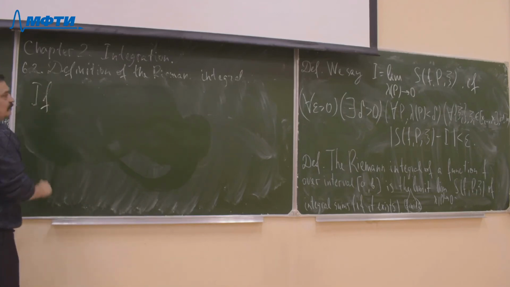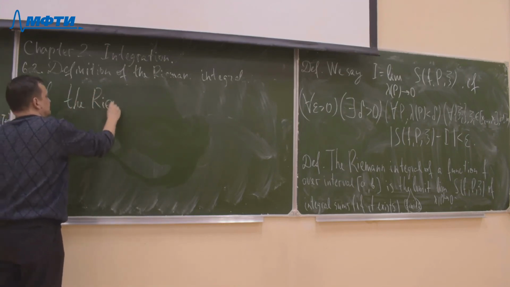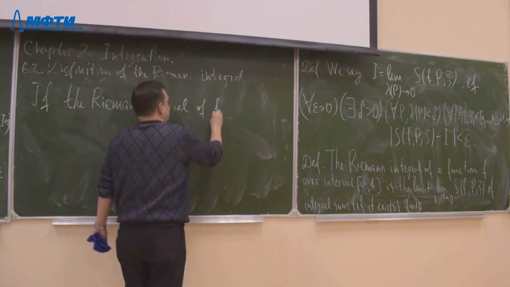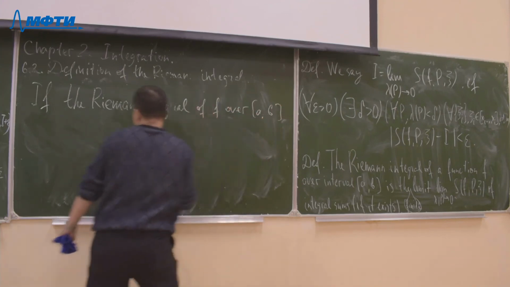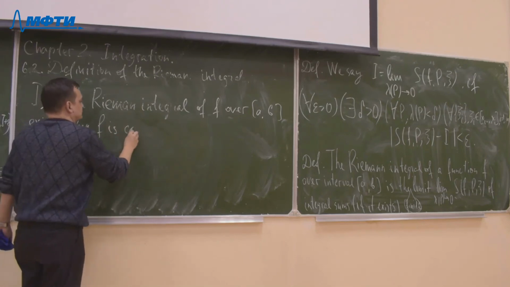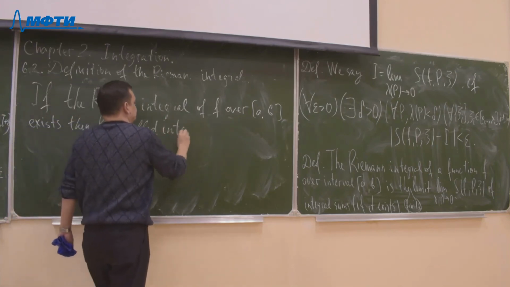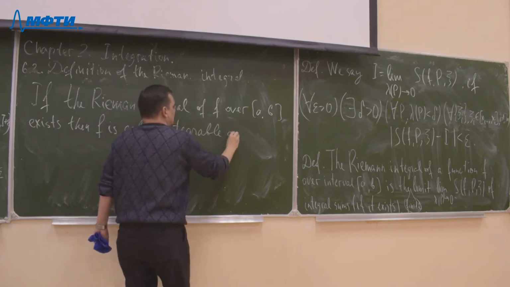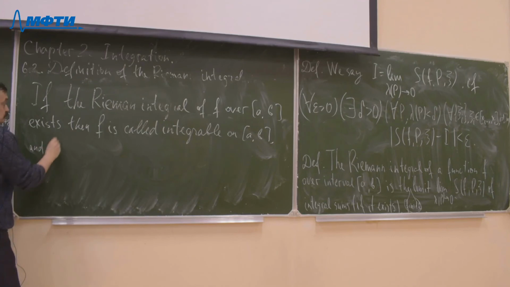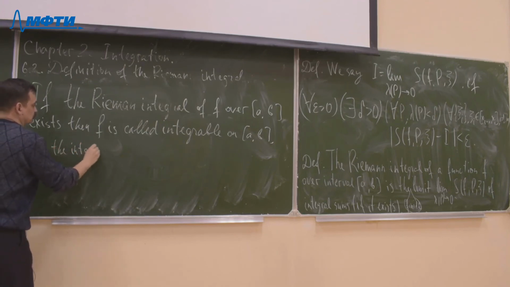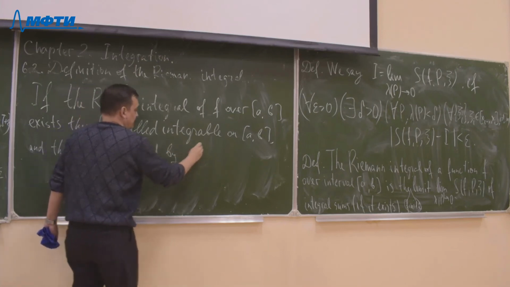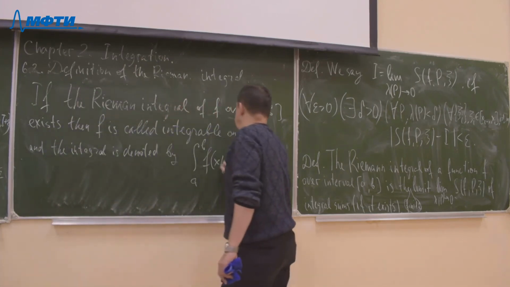If the Riemann integral of f over [a, b] exists, then f is called integrable on [a, b], and the integral is denoted by the integral from a to b of f of x dx.